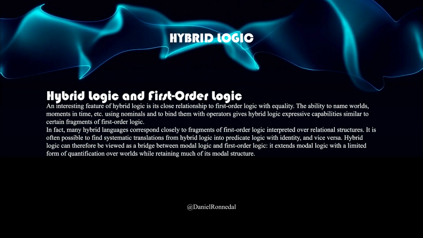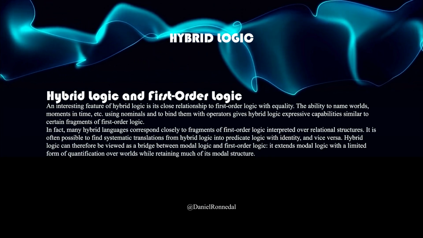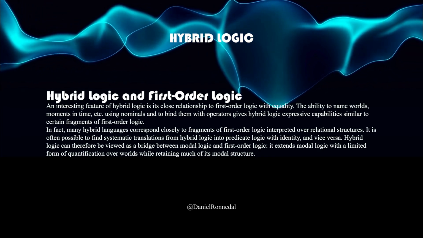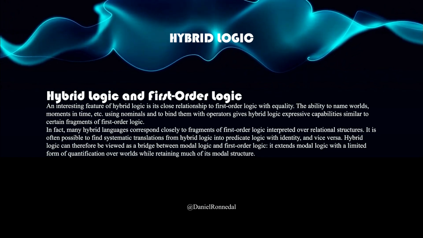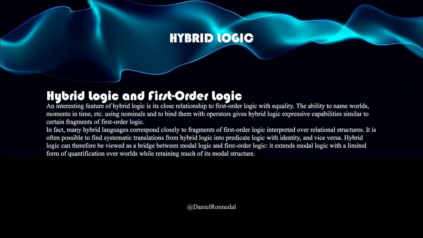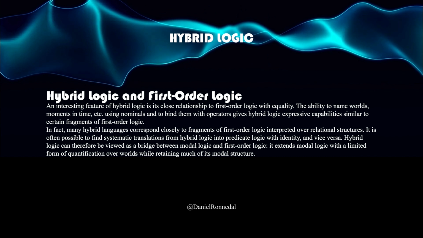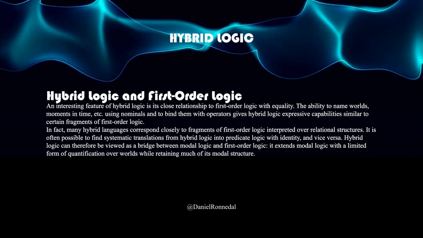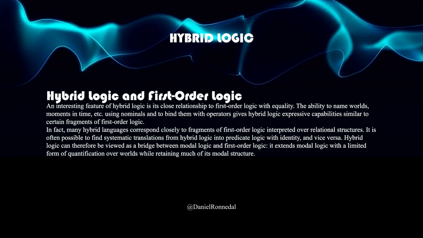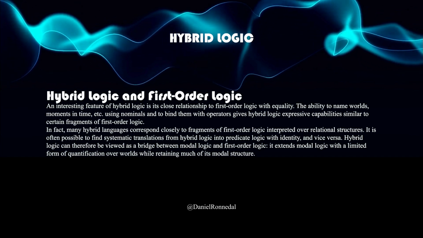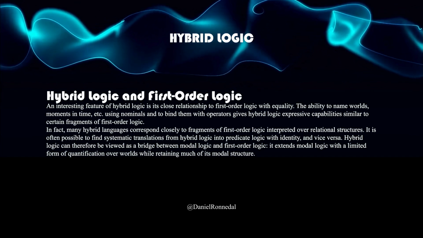An interesting feature of hybrid logic is its close relationship to first-order logic with equality. The ability to name worlds, moments in time, etc., using nominals and to bind them with operators gives hybrid logic expressive capabilities similar to certain fragments of first-order logic. In fact, many hybrid languages correspond closely to fragments of first-order logic interpreted over relational structures.